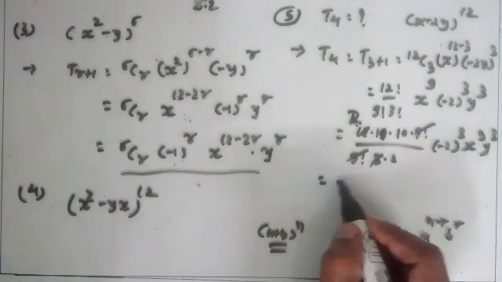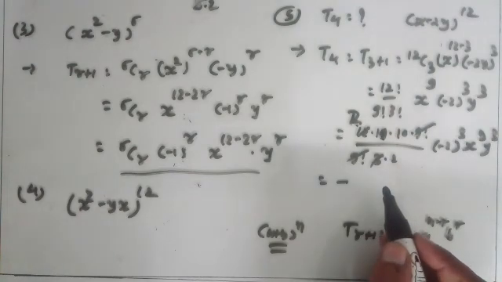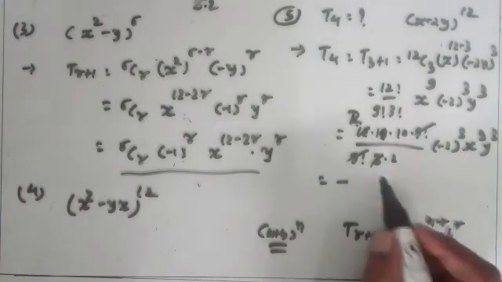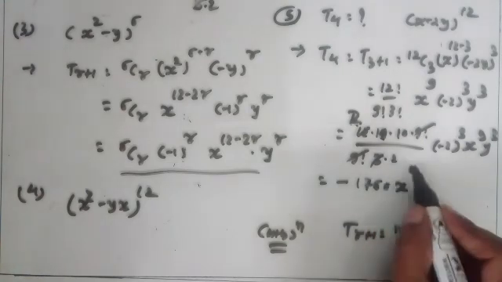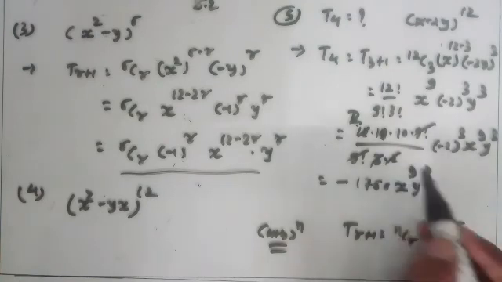So it becomes minus, using a calculator find these numbers, this becomes minus 1760 x raised to 9 y raised to 3.